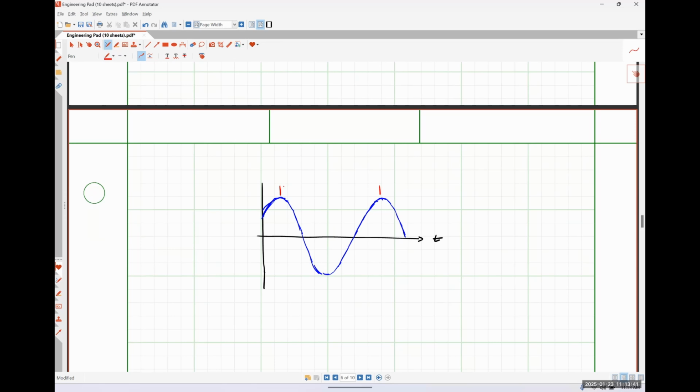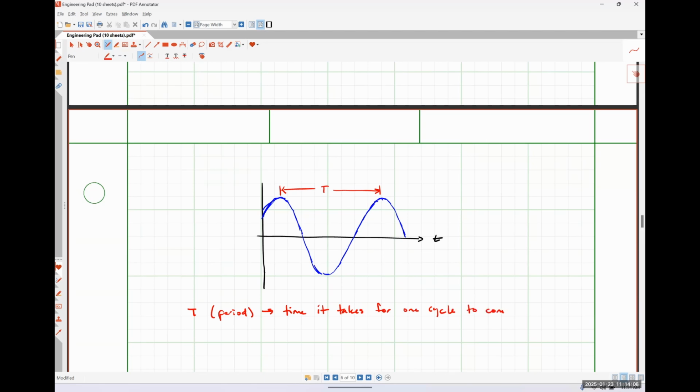The distance between these peak values is capital T, the period, okay? So this represents the period, the time it takes for one cycle to complete.